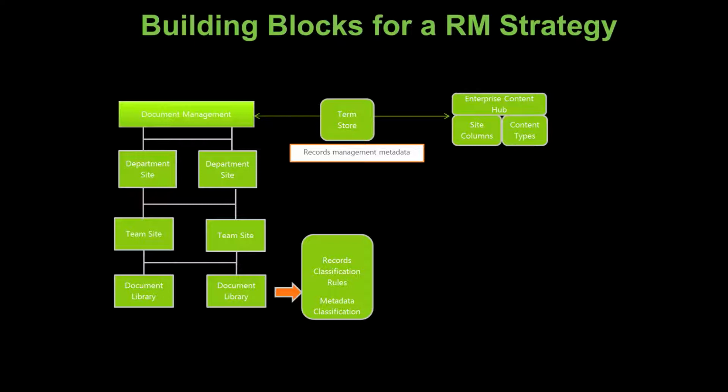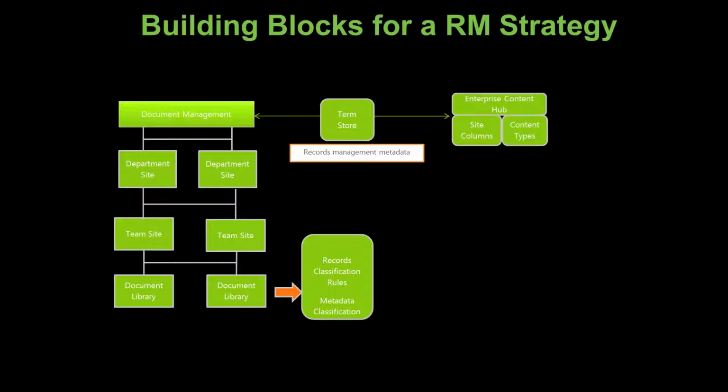Now if you have a look at that picture in front of you, you typically see the document management area on the left-hand side being something that could look quite unstructured in a records management sense. And that is deliberate, because that is where we want users to work.